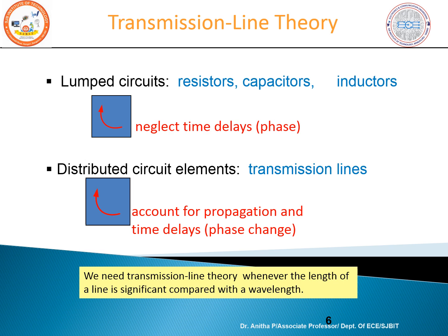Whereas in the distributed case, if I operate at very high frequency, the elements become distributed instead of lumped, because the wavelength becomes comparable to the size of the component. At very high frequency, lambda, which is c by f, is very small.